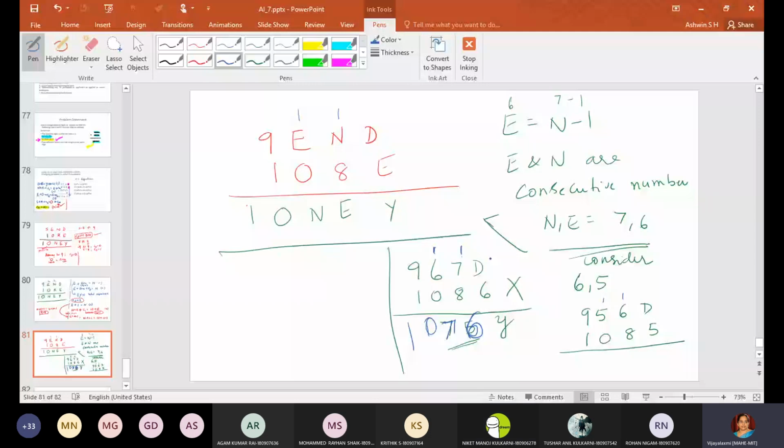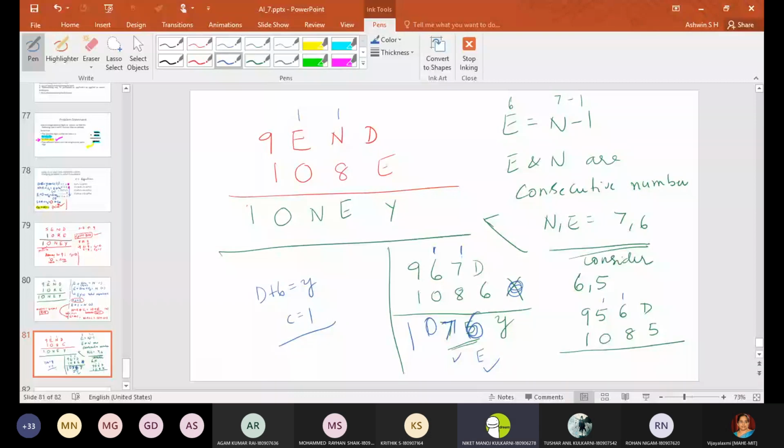Is it verifying all? Yes, ma'am. What we assumed: E is 6 and N is 7. Okay, this is coming, right? Then what should be the value of D and Y? D plus 6 should be equal to Y, but the carry should be equal to 1.